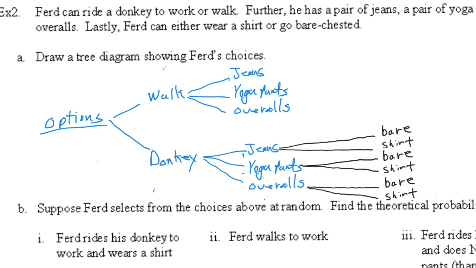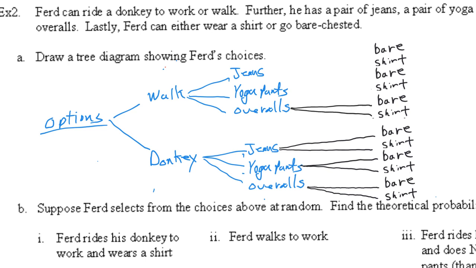And we'll follow that same pattern for the top half of the tree. And following the same rules as before, we have this tree. Overalls goes to bare and shirt, and then yoga pants go to bare and shirt as well, and jeans also goes to bare and shirt as well.